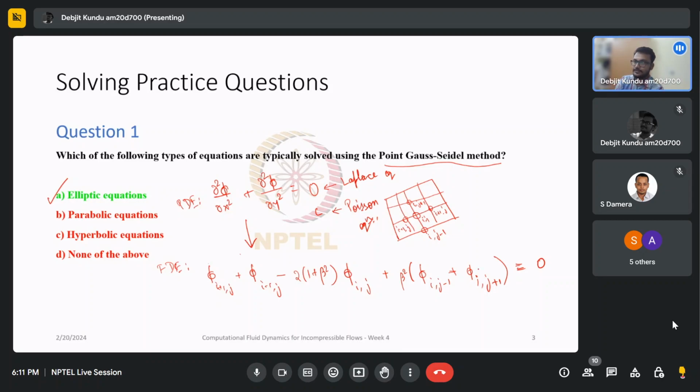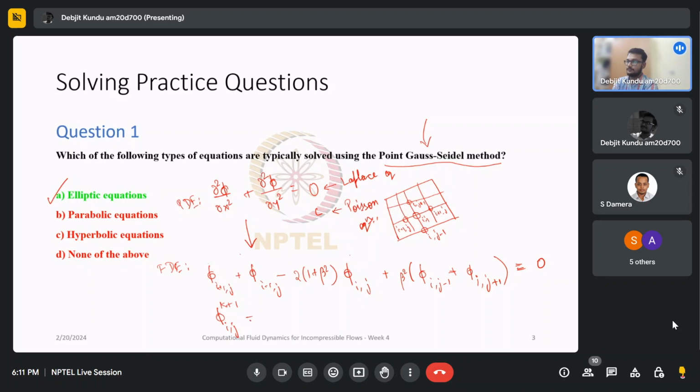So this is the equation which we have to solve, and one of the processes of solving that is this point Gauss-Seidel method, in which phi i j is something we are trying to solve. In that case, we will solve phi i comma j at the k plus 1th level using these other four quantities.